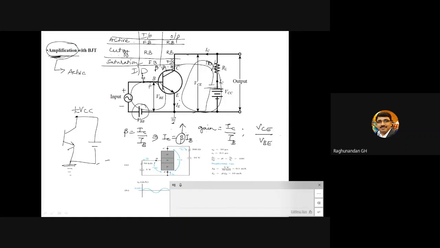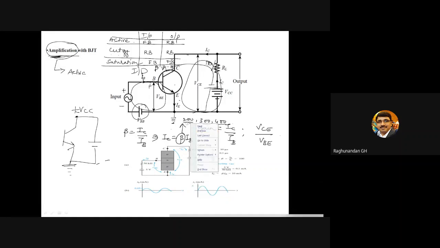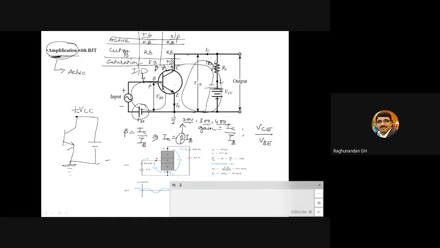While manufacturing only, this gain will be decided, whether it is 200, 300, 400, like this. What is this 200, 300, 400? That means if you use this transistor, it is going to amplify 200 times. It is going to give 200 times the input. And you know, the base current is usually in terms of micro, and the collector current is usually in terms of milli. So you can just imagine, is micro greater or is milli greater?